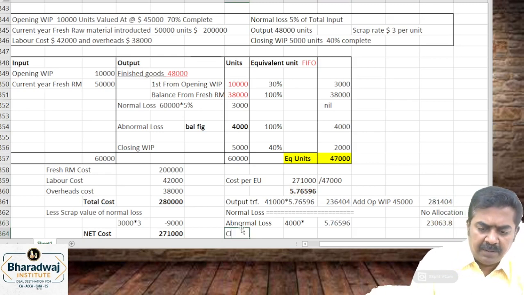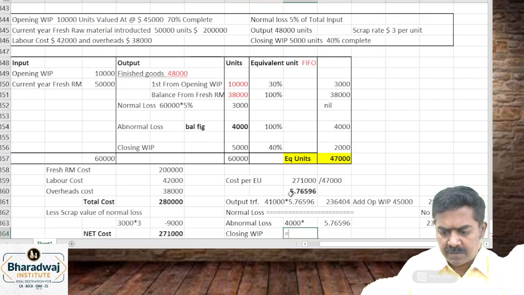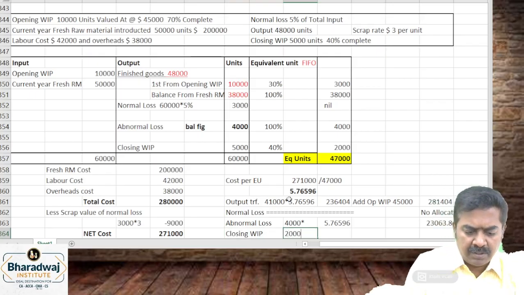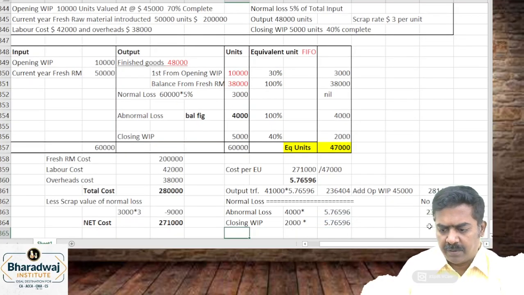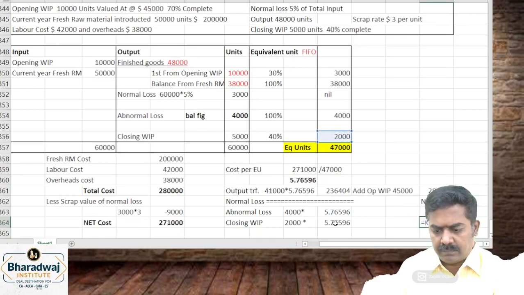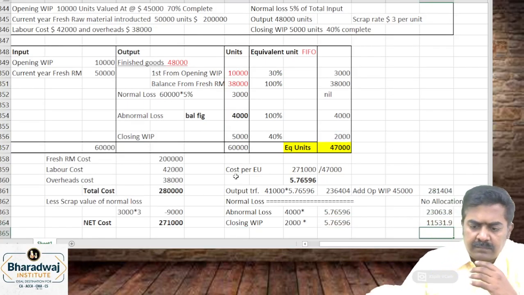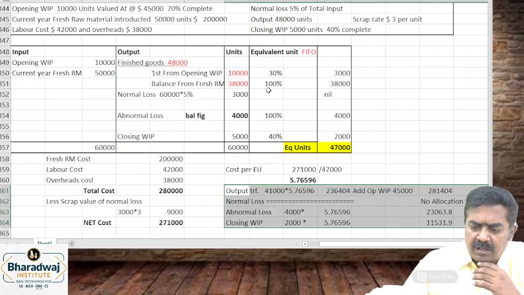Closing WIP, equivalent units, 2,000 equivalent units into cost per equivalent unit. This is how the cost is allocated.